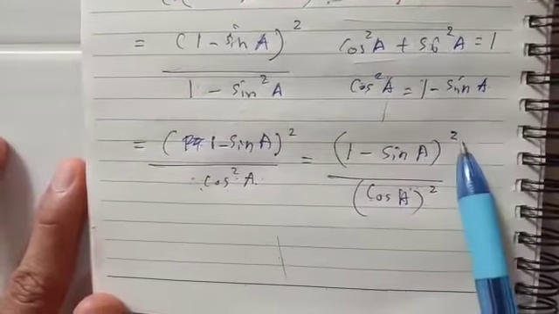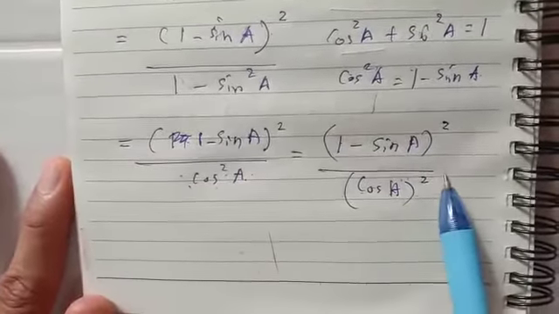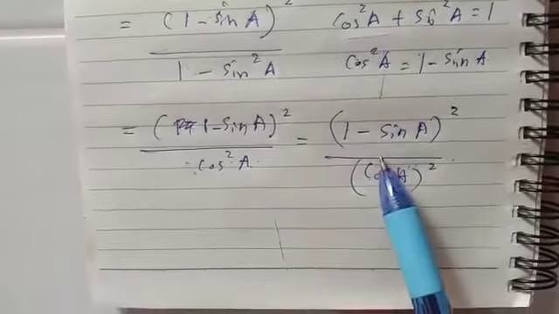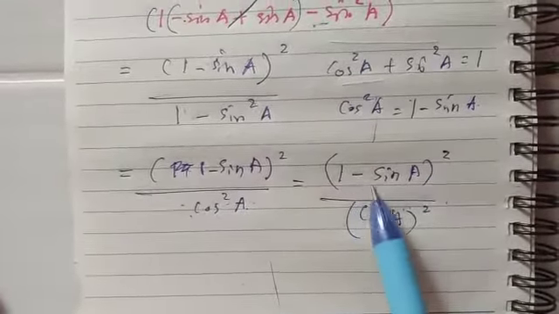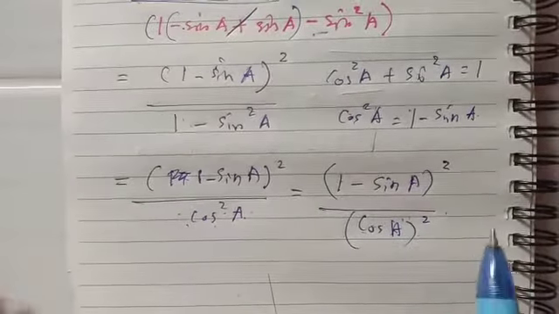When we see 1 minus sine A squared over cos A squared, we see that the numerator and denominator have a similar power.